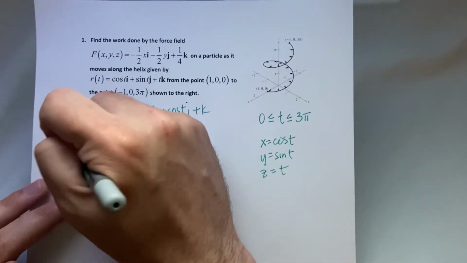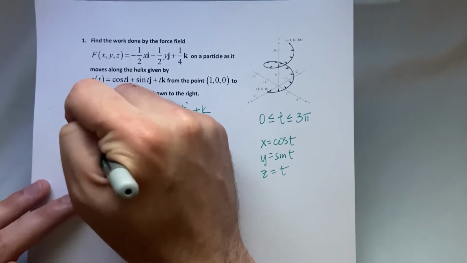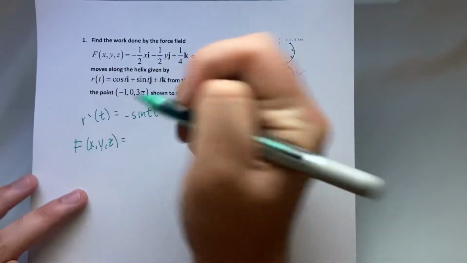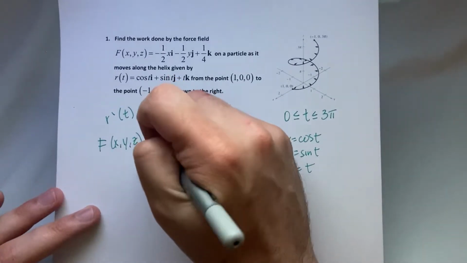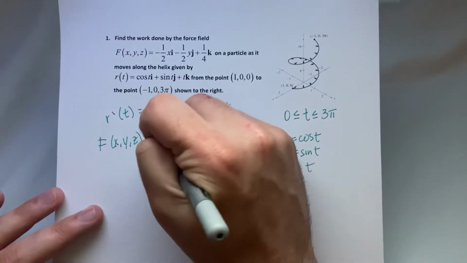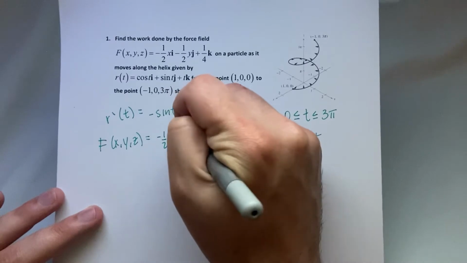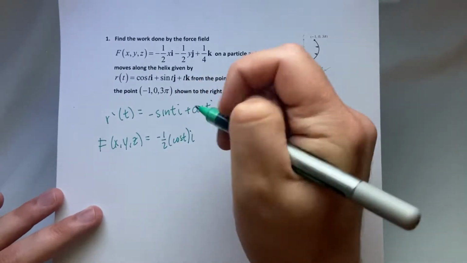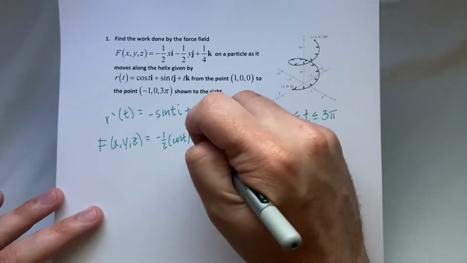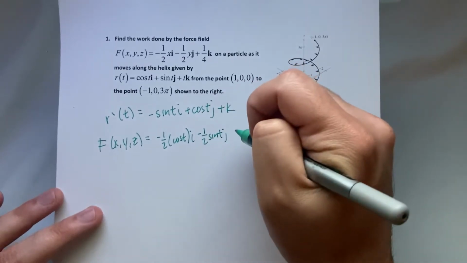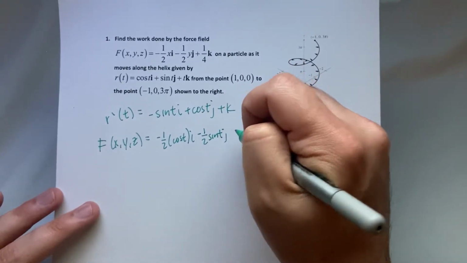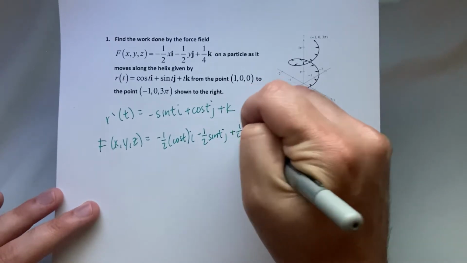What's our function in terms of t? When we substitute t in, we get negative 1/2 cosine t i minus 1/2 sine t j plus 1/4 k still.